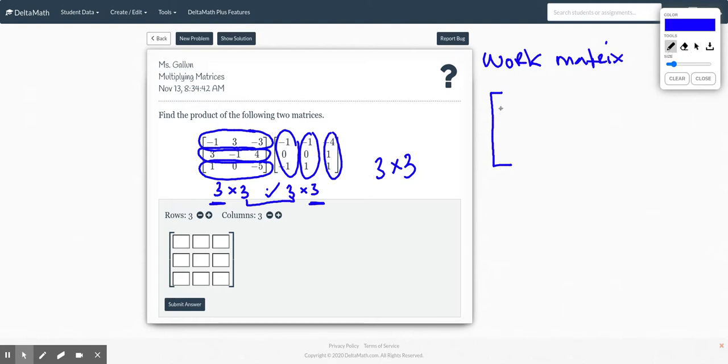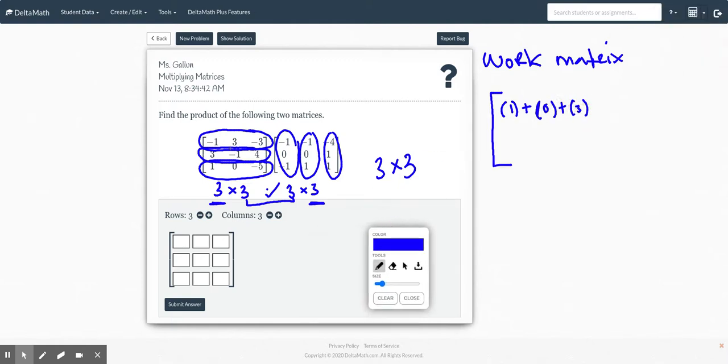So here's my work matrix. I'm going to do -1 times -1 plus 3 times 0, -3 times -1. Awesome. Let's see, what do I do next? First row, second column. -1 times -1 is 1. 3 times 0 is 0.